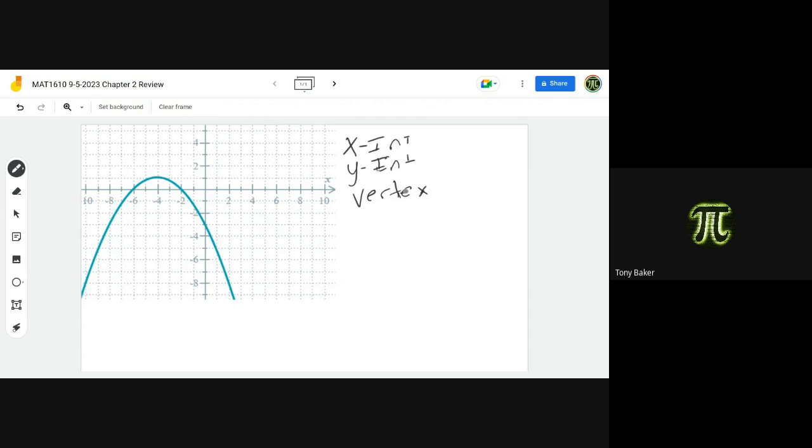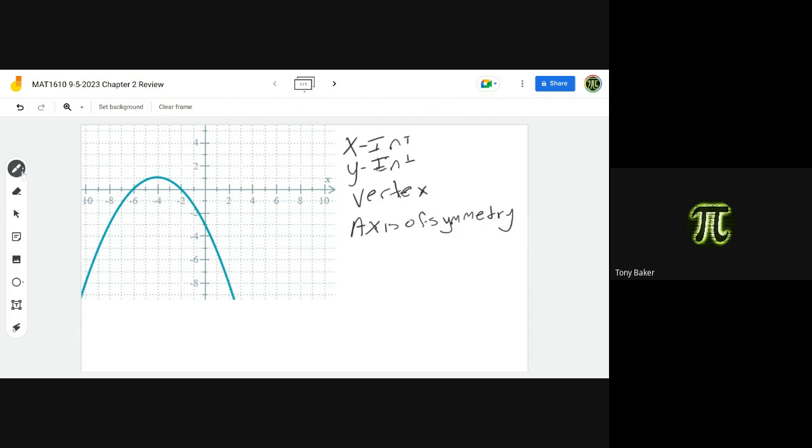What else? Yes, the axis of symmetry. And if we get some of this information, we should be able to make the equation from this information as well. Those are the four main pieces of information that you want to find from a parabola.